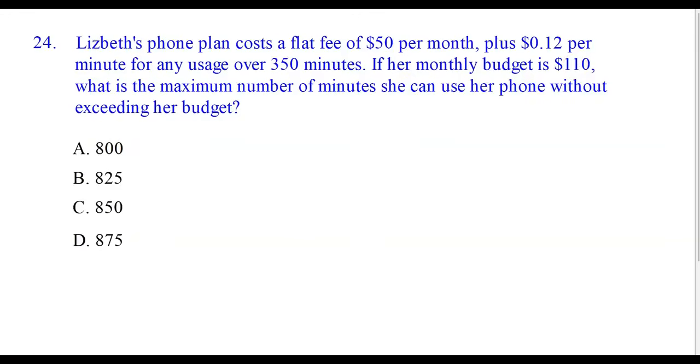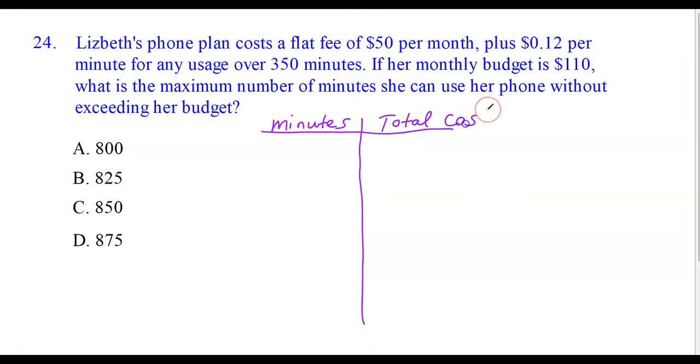Let's make a table of values to help us understand this problem. In the first column, I'll just put minutes, which represents how many minutes I use the phone, and the total cost. And just keep in mind this is for a 1-month period. It says right here, it's for the month. So let's say she used the phone for 0 minutes for that month.